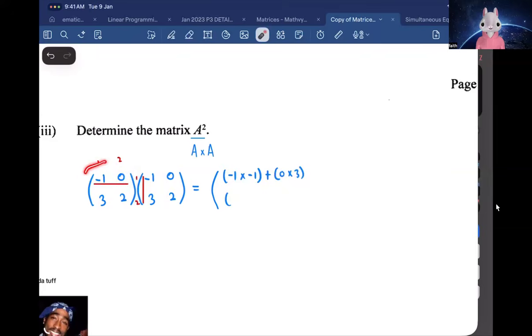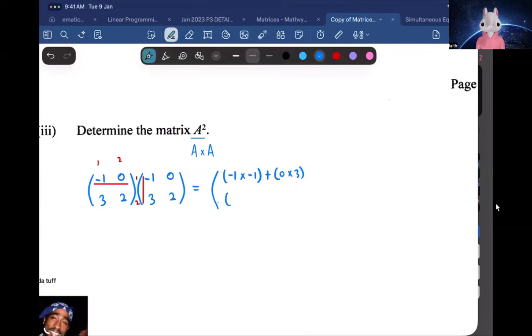But if you notice in this matrix, we still have another row. What's the other row we have? 3 and 2. Right. So you need to take that and multiply it by that column there. So 3 by -1, right, and 2 by 3.